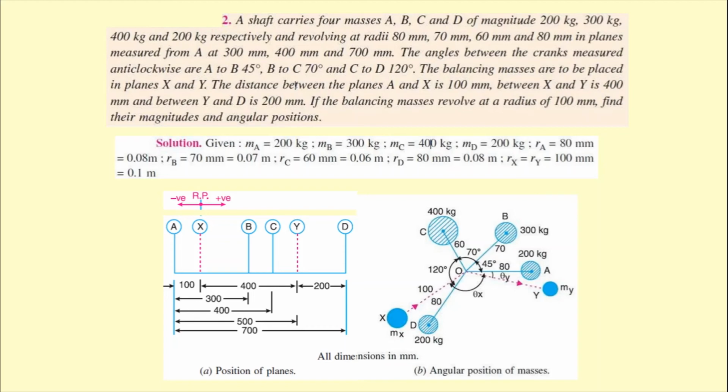So everything has been converted in terms of meter, while the radius of rotation of the balancing masses is given as 100 millimeter. Now in this problem they are asking to find out the location and the magnitude of the balancing mass. So first we have to draw properly, using a suitable scale, the position of the planes and the space diagram, that is the angular position of the masses accordingly.